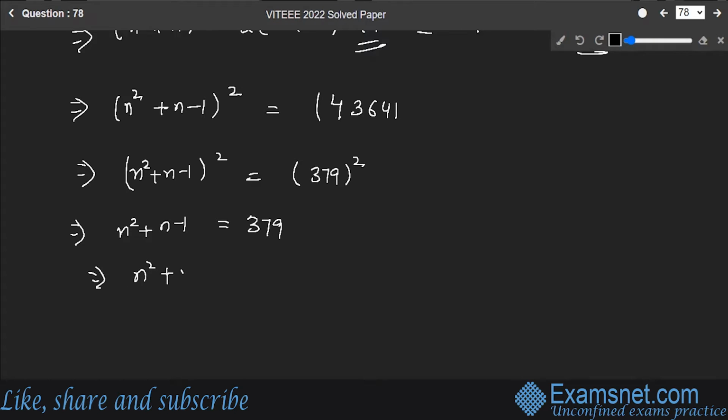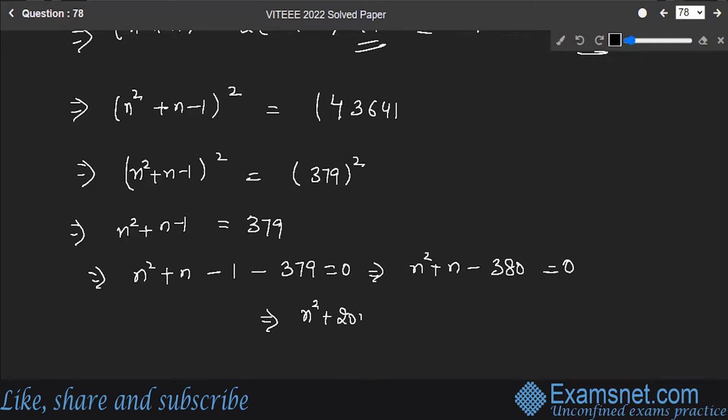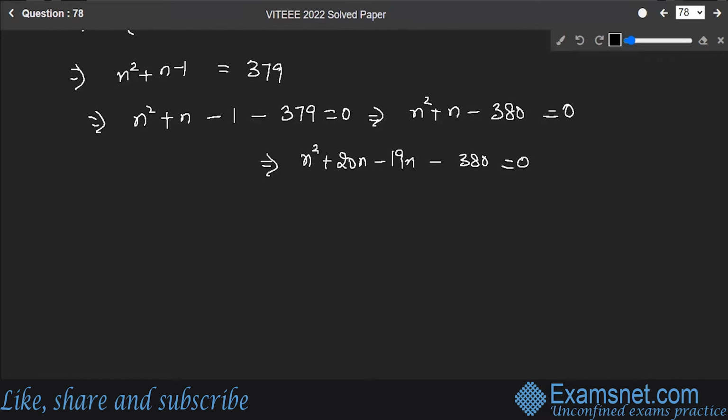So n square plus n minus 1 minus this is equal to 0, which gives you n square plus n minus 380 is equal to 0. Now, this is a quadratic equation in n. Let's split the middle term. I want two such numbers whose product is minus 380 and sum is plus 1. So those two numbers are plus 20n minus 19n. Okay. So the two factors will be n plus 20.